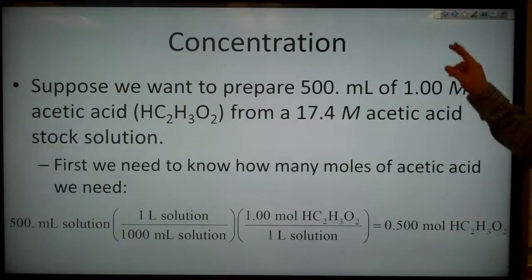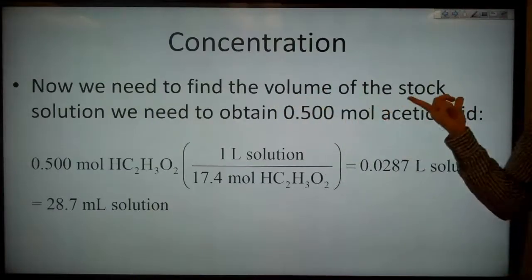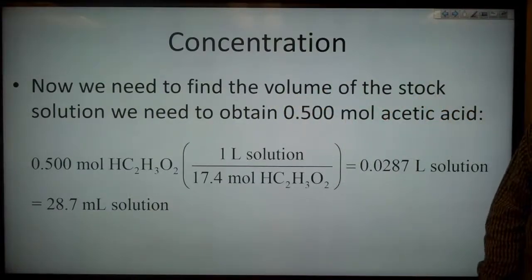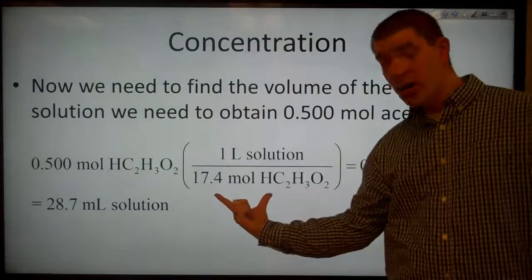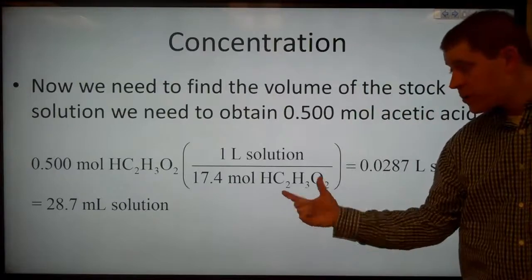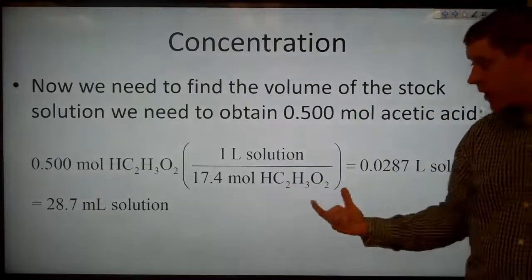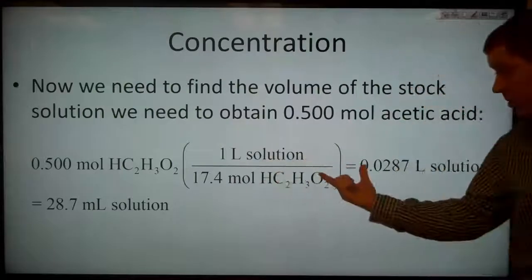So now we know how many moles of acetic acid we need. So now we need to find the volume of our stock solution that we need in order to obtain our half a mole of acetic acid. So we start out with our half mole of acetic acid. We know that the concentration in our stock solution is 17.4 molar, so I'm dividing by 17.4 molar here. So 17.4 moles of acetic acid in 1 liter of solution.